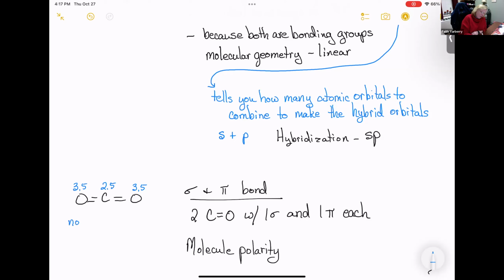There is no trend in one direction for the electronegativities.